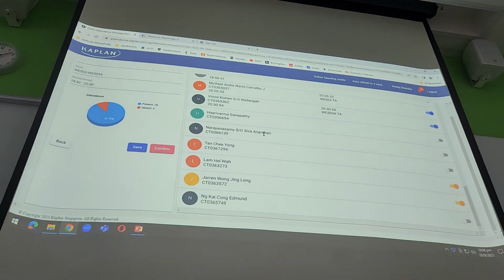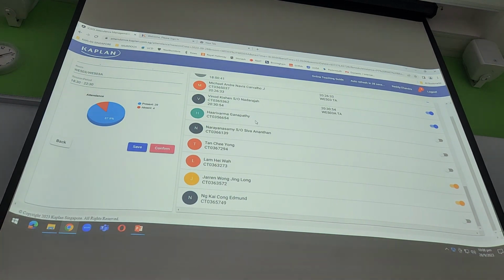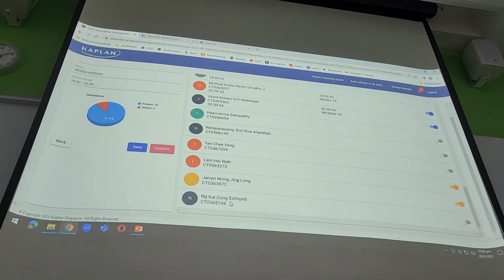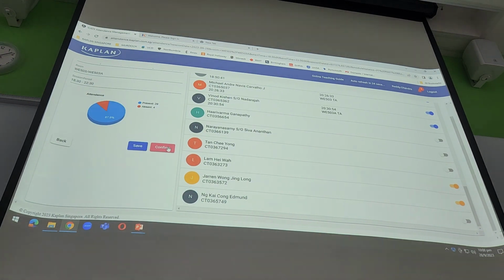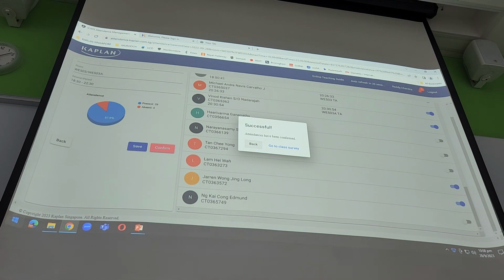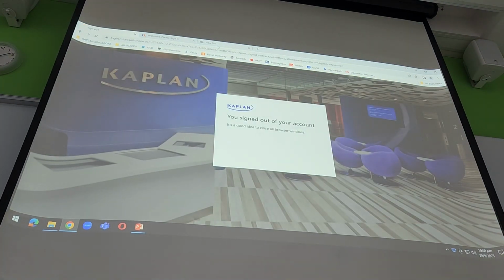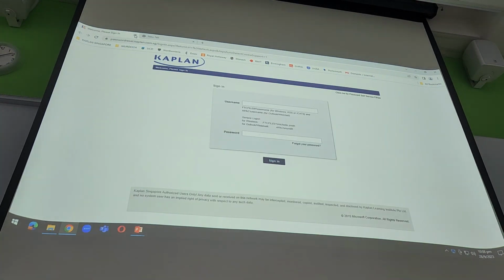No. Narayan Swami, no. Ganpati, no. Harivan. All right. Edmund, no. All right, so I will put this.